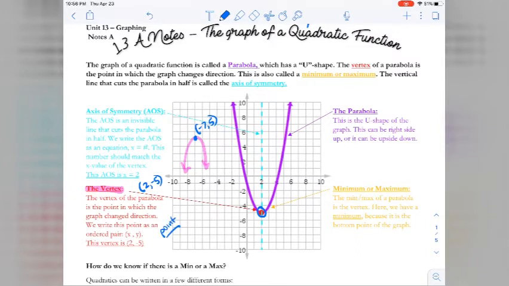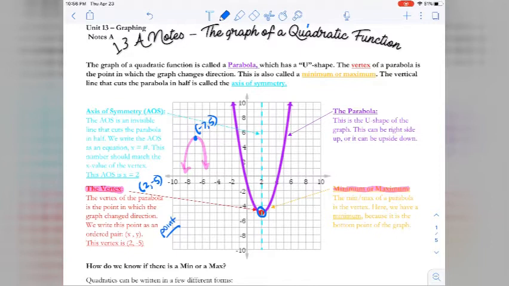Now, speaking of the vertex, we also look at the fact that it represents our minimum or maximum value. Our vertex is always going to represent either the lowest point or the highest point based on whether it opens up or opens down.